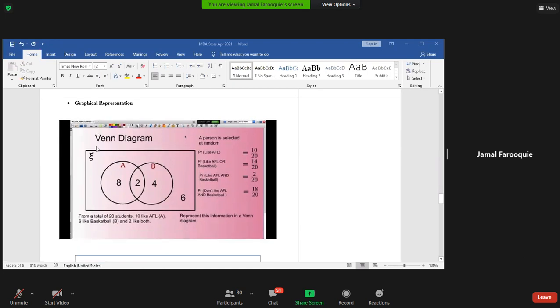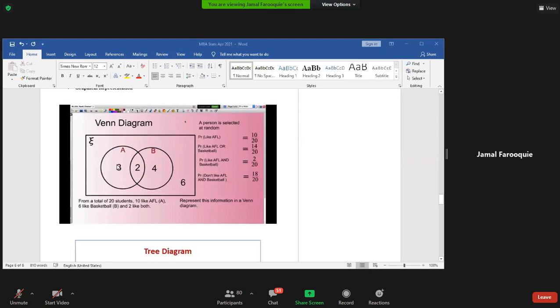Now this is the graphical representation of how events A and B may occur. If you look at this, this rectangular block is called the universe, and within that there are two events. One is A, marked by this circle, another is B, marked by this circle. There are three numbers given.